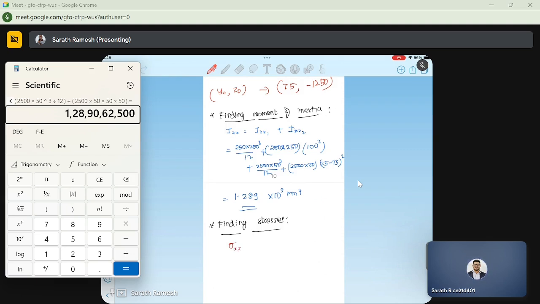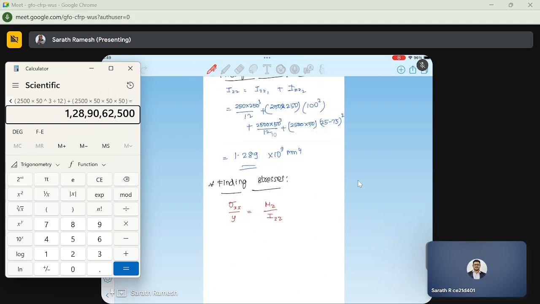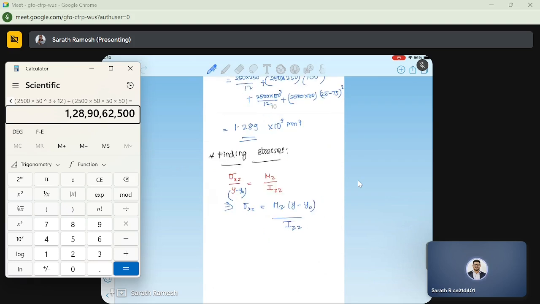Sigma xx by y equals M by I. So sigma xx is equal to Mz into y minus y naught, divided by Iz.